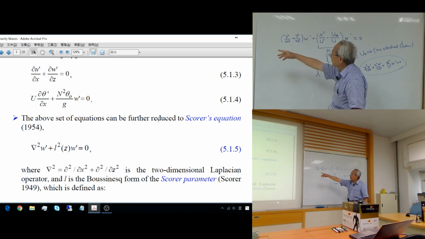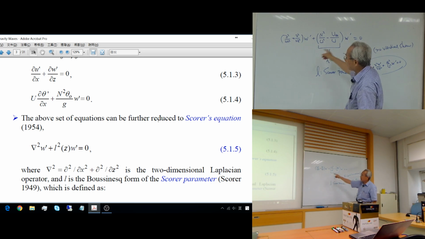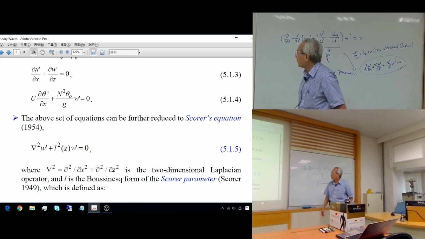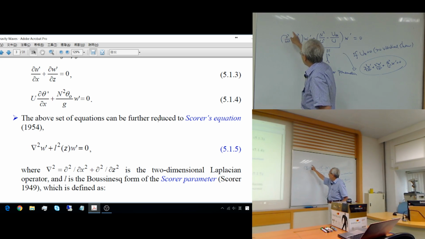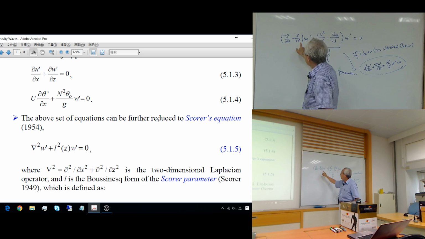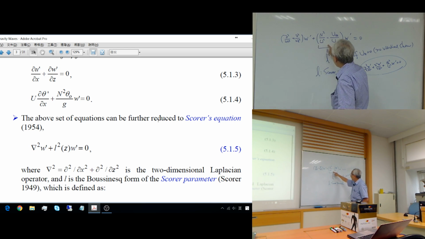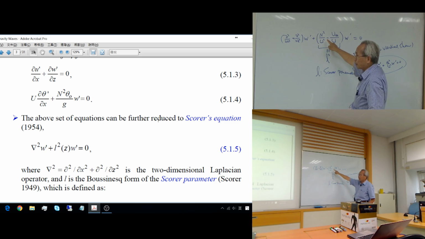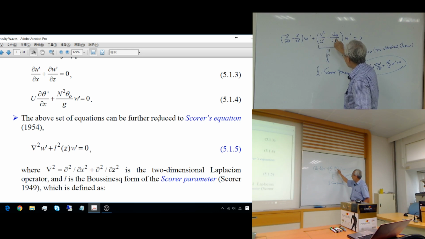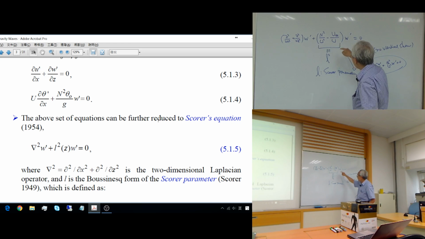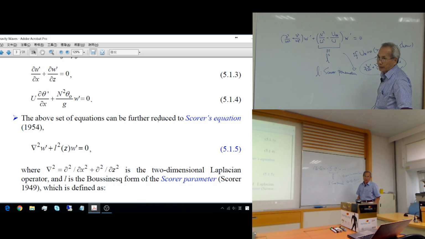We can write it this way, same thing as 5.1.5, except we write out the Laplacian. L squared equals N squared over U squared minus U_zz over U, times W prime equals 0.